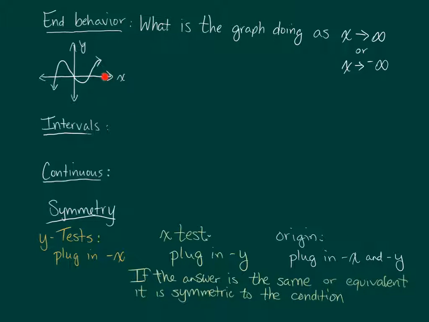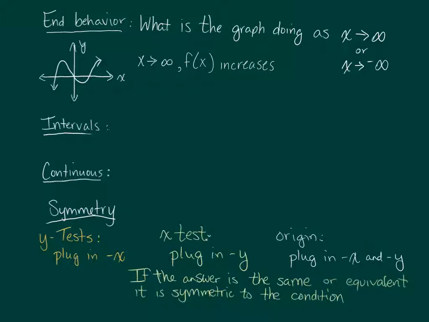That means as the graph continues this way, it looks like my graph is still increasing. It's increasing as x approaches infinity. So you could write that. I would just write it like this. As x approaches infinity, f of x increases, and your book may have you write it differently.